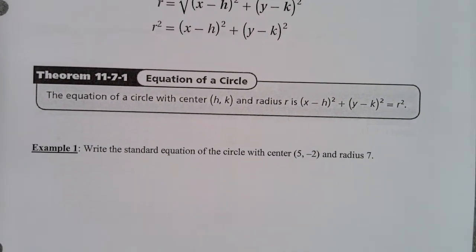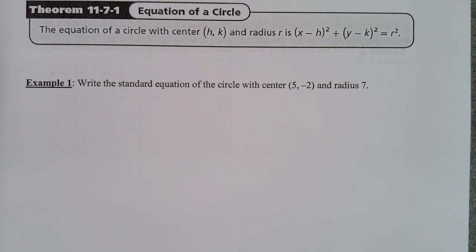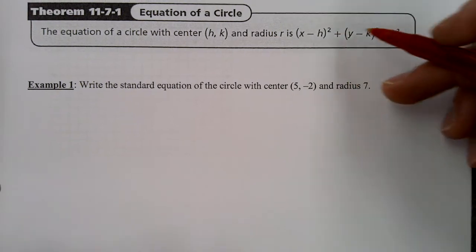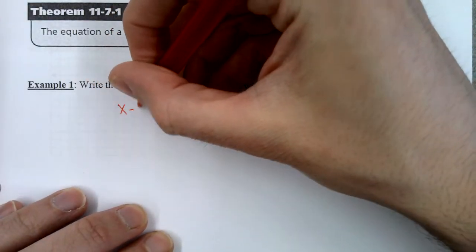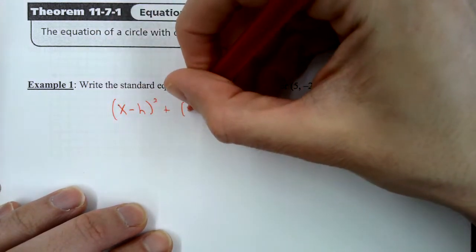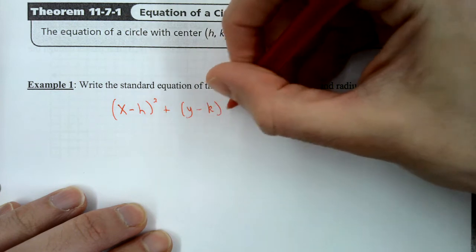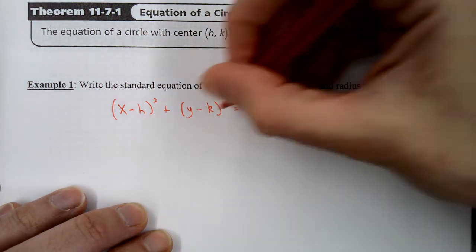Example 1: write the standard equation of a circle with center (5, -2) and radius 7. I'm just going to copy down the formula above first. You don't have to write this down if you don't want to. (x minus h) squared plus (y minus k) squared equals the radius squared.